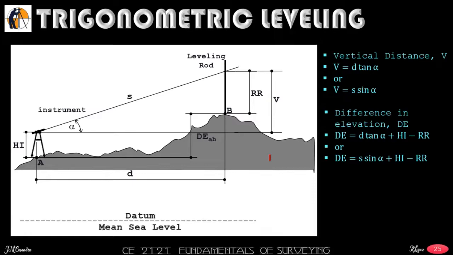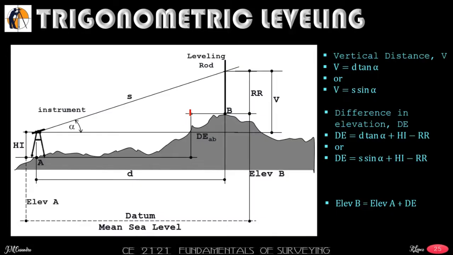And again, from your datum or mean sea level, we will have your elevation A and your elevation B, at which elevation B now is equal to elevation A plus the difference in elevation of AB.